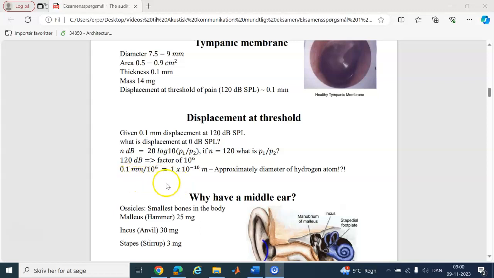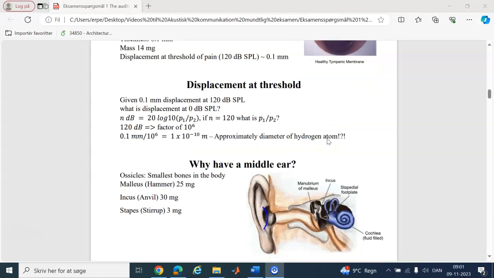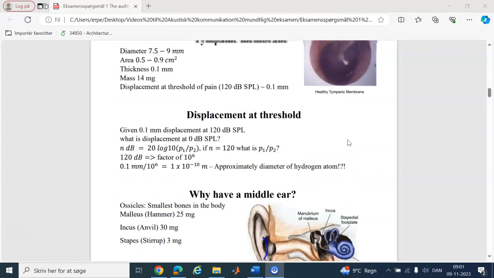So that means you get a displacement of 10 to the minus 10 meters. So it's a very small displacement.